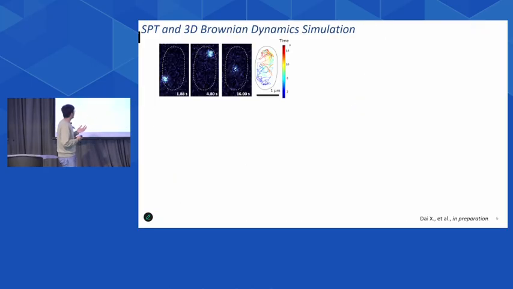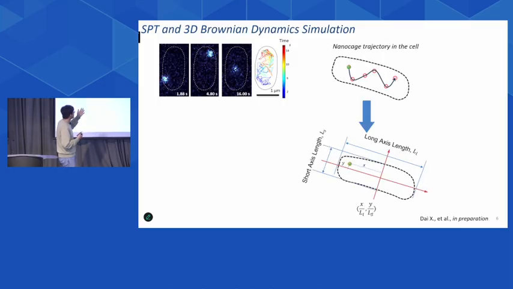And to address that problem, we first have a trajectory that looks like this. And for each cell, we determine the boundary by a segmentation algorithm. And we normalize the localization of the nanocage from each frame by taking the length of the long axis and the short axis.